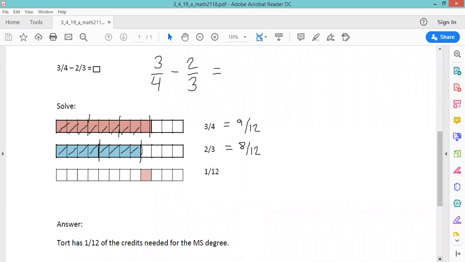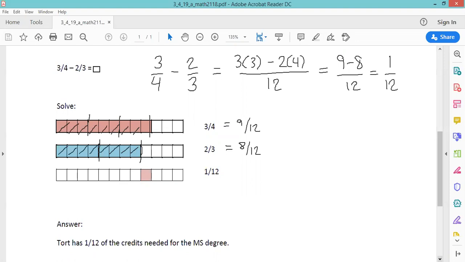We would then form a common denominator and simplify our numerators, giving ourselves the same answer as 1/12. And often you're asked to compare the standard algorithm with a math drawing.